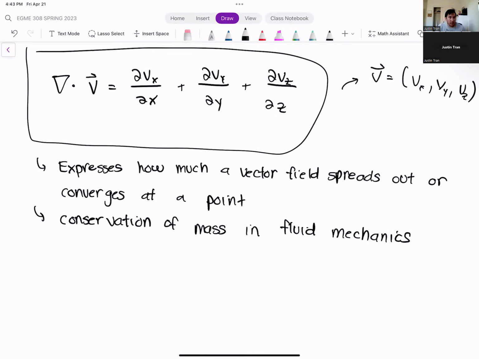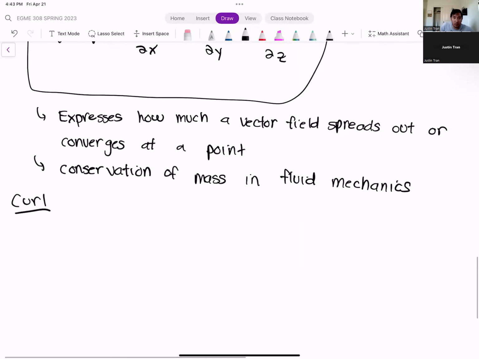Okay. So the last piece of differential vector calculus that we went over was the curl. Physically, what the curl represents is how much a vector field is swirling in a given place.